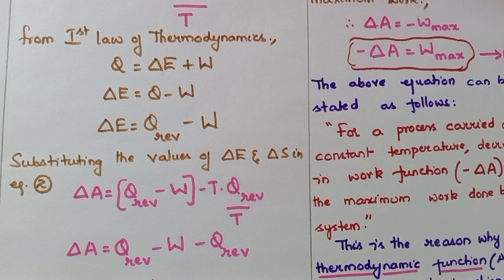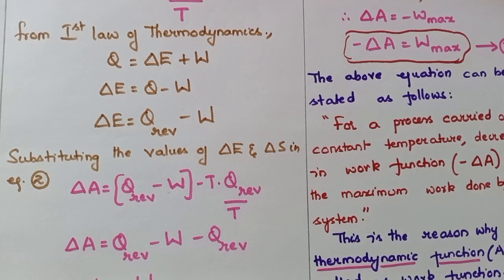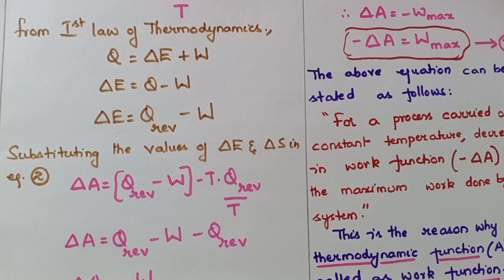Again, substituting the values of delta E and delta S in equation 2. What is equation 2? Delta A is equal to delta E minus T delta S. So write down the value of delta E, write down the value of delta S. So, T into Q reversible by T, T and T get cancelled.